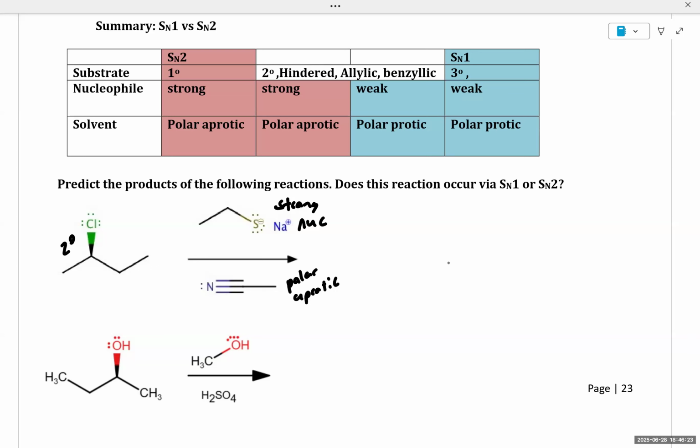And so given we have a strong nucleophile and a polar aprotic solvent, we're going to likely think this is going to go through an SN2 pathway. So in this case, we have displacement of our leaving group with inversion, and that in turn yields the following product.